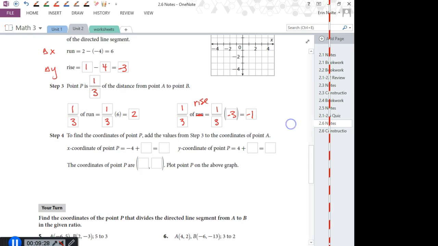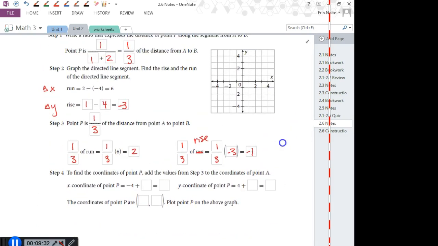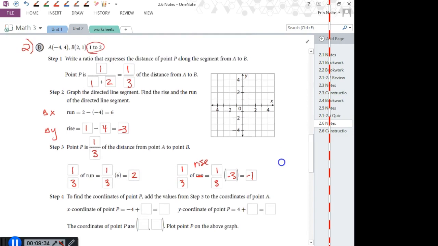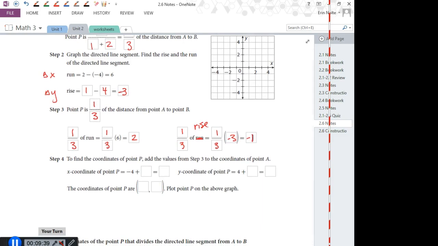Now what I'm going to do is add those to our first point. The first point was A. Remember A was -4, 4. It says the x coordinate of P. If I'm talking about the x, am I going to use the rise or the run? The run, right? The run is horizontal. What was the change of the run that I found? 2.